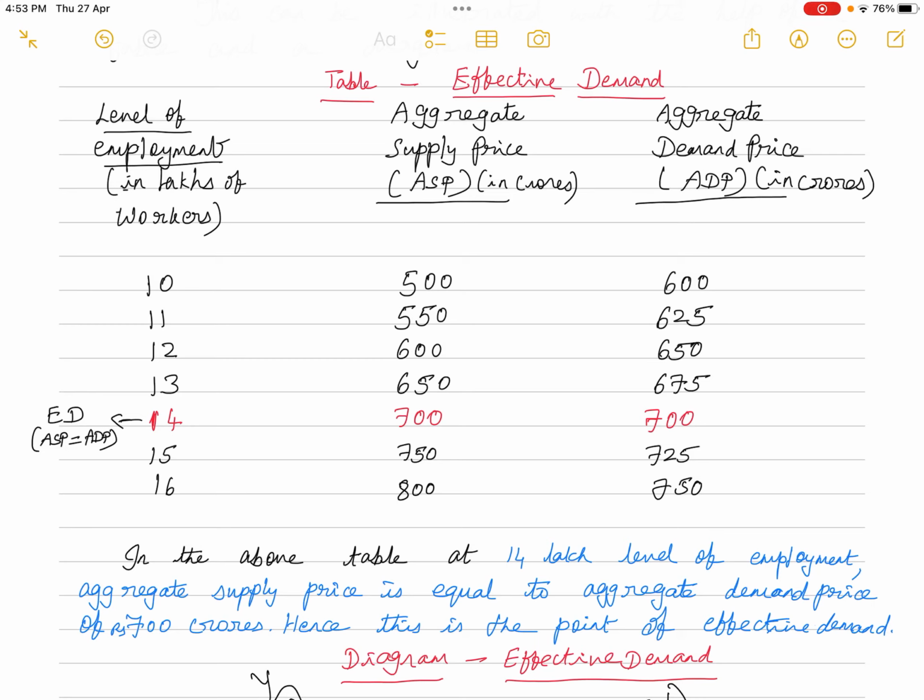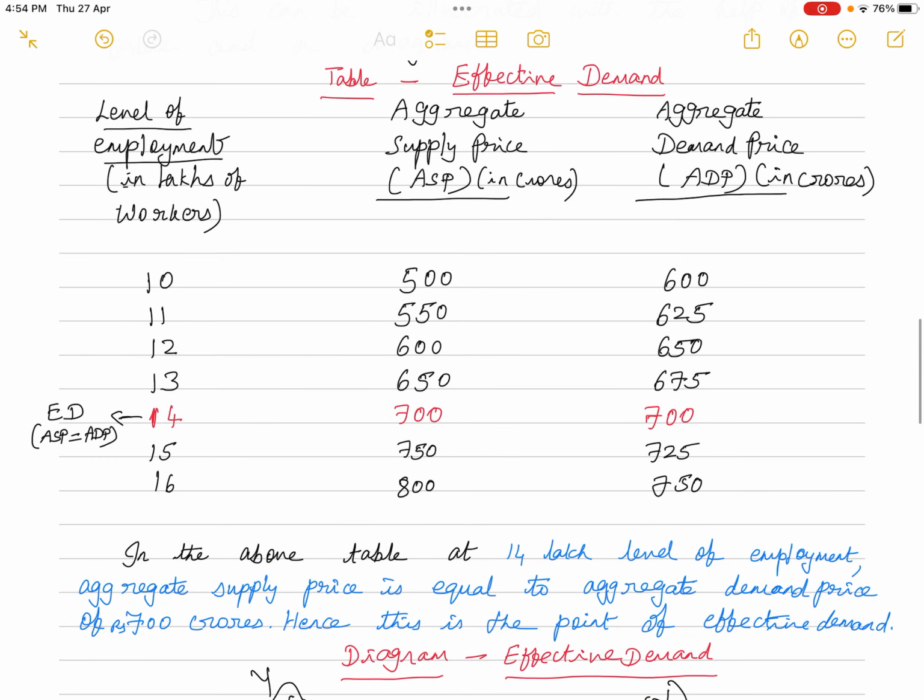So all 10 lakh workers are producing goods worth 500 crores. This 500 crores is equal to the value of output, which is again equal to the cost of production. So that is why they must receive this 500 crores.